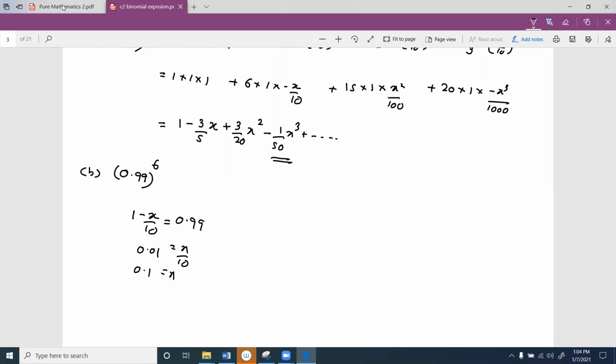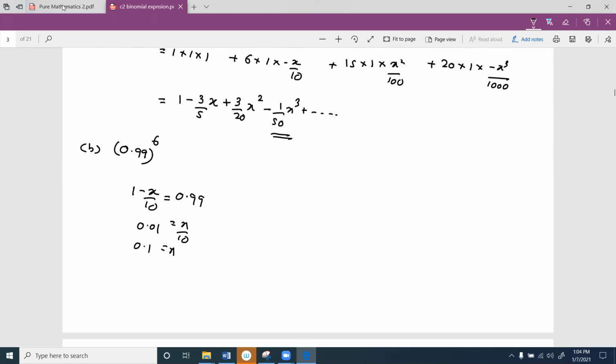So 0.99 to the power 6 is approximately equal, not exactly equal because I didn't write the exact expression, to 1 minus 3 over 5 times 0.1 plus 3 over 20 times 0.1 squared, minus 1 over 50 times 0.1 to the power 3. I'm just substituting 0.1 for x to get the approximated answer.